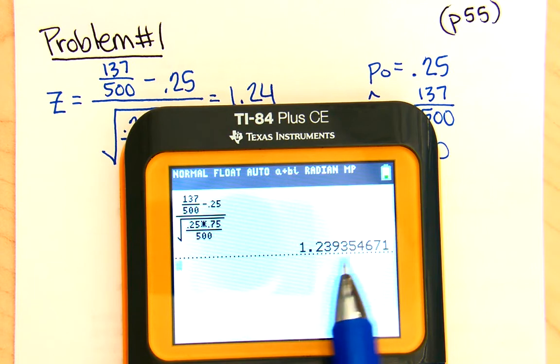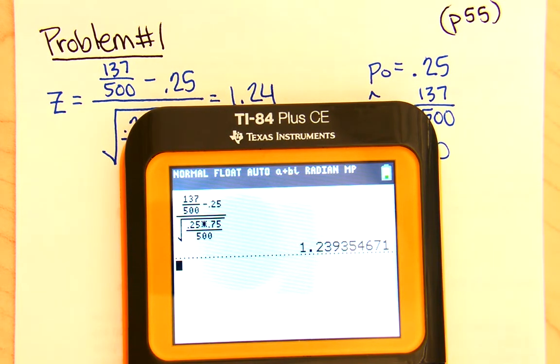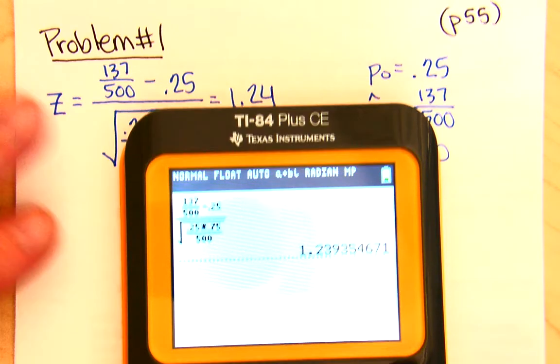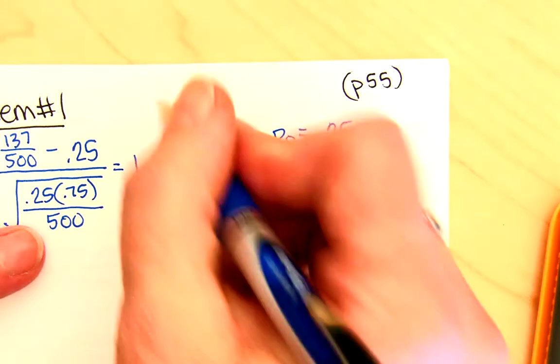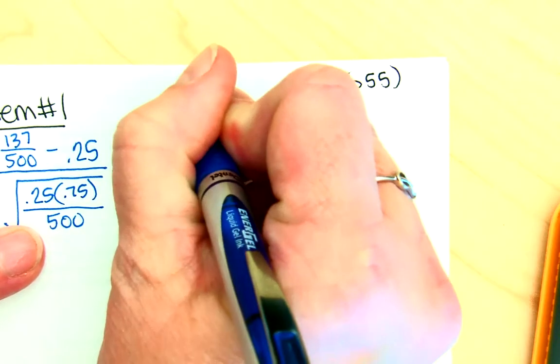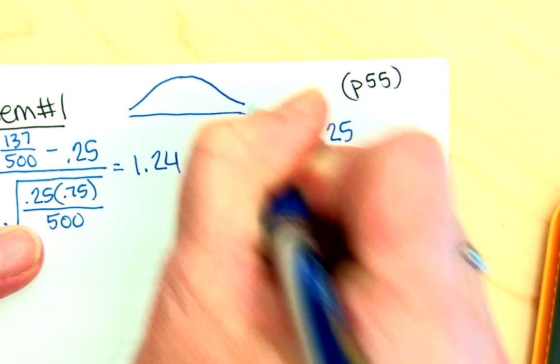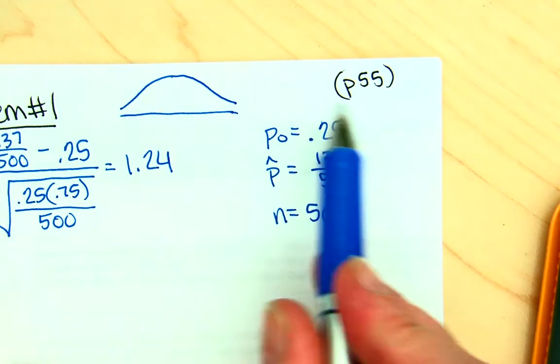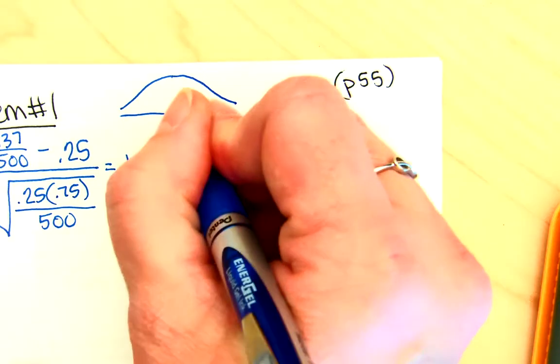That should be what we come up with. So this is our z value. We can look this up on the z table to get our probability. You can think of it like this. The value of our population is 0.25.